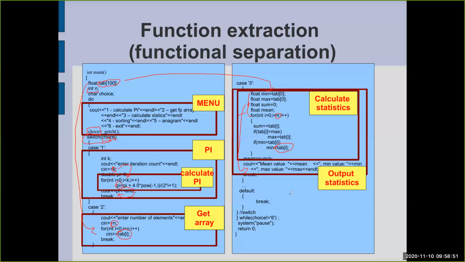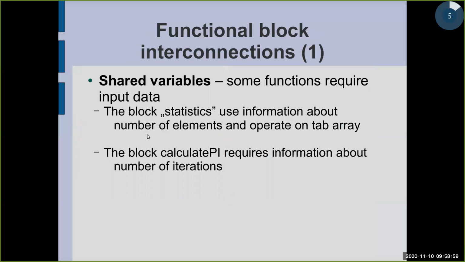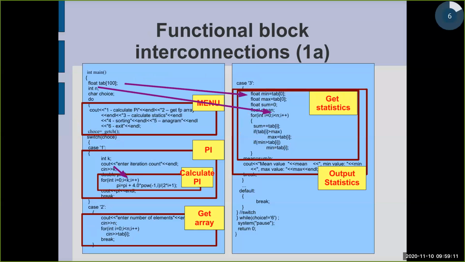So in general, we can find the shared variables. So the variables which are required by particular blocks, like statistic, calculate pi.